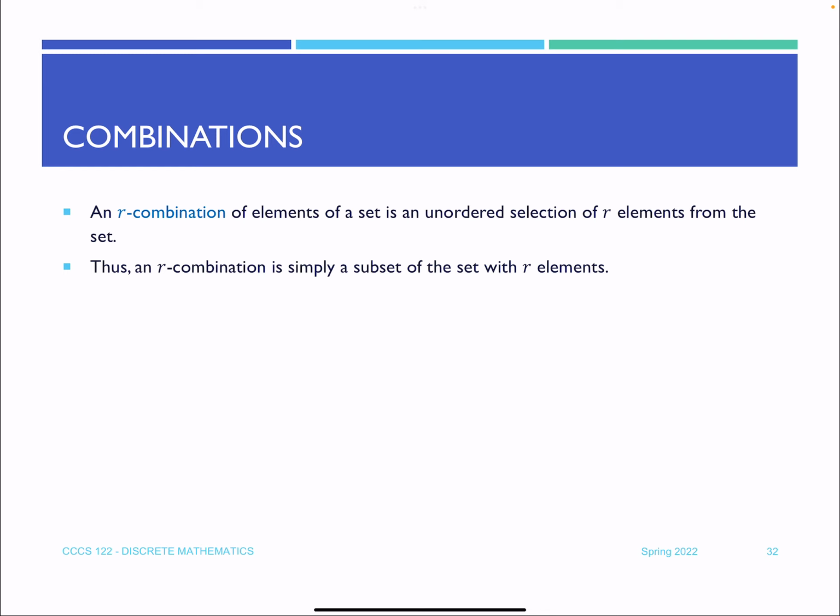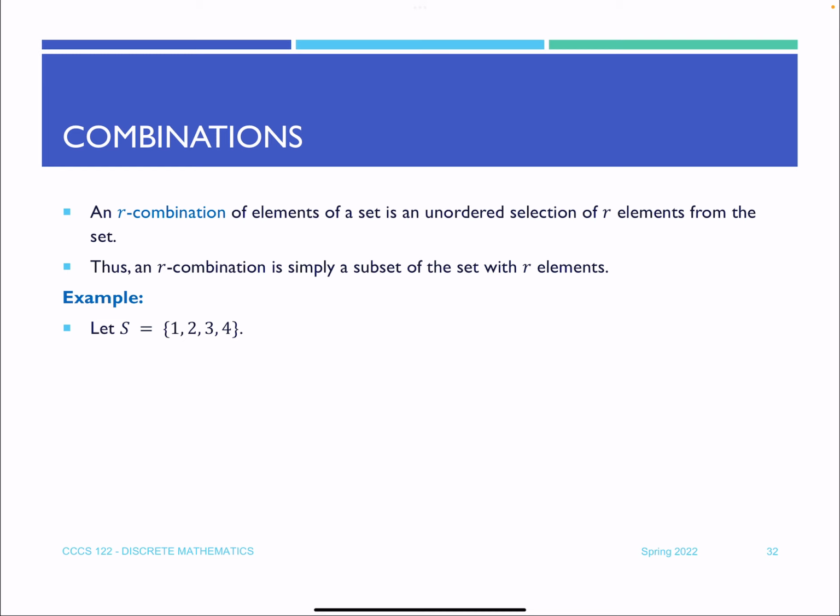An R combination of elements of a set is an unordered selection of R elements. So an R combination is simply a subset of the set with R elements.